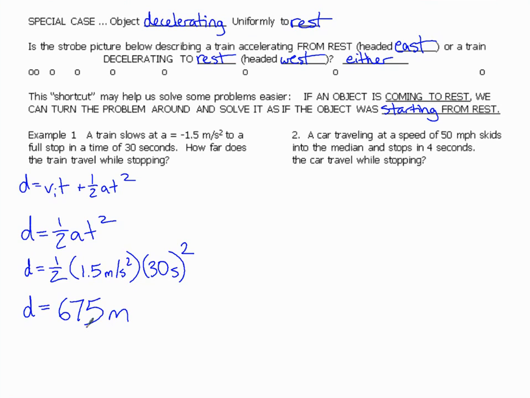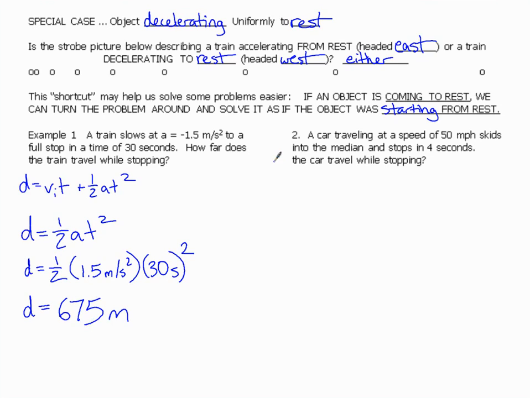A car traveling at a speed of 50 miles per hour skids into the median and stops in 4 seconds. And this question should say what is the distance the car traveled?